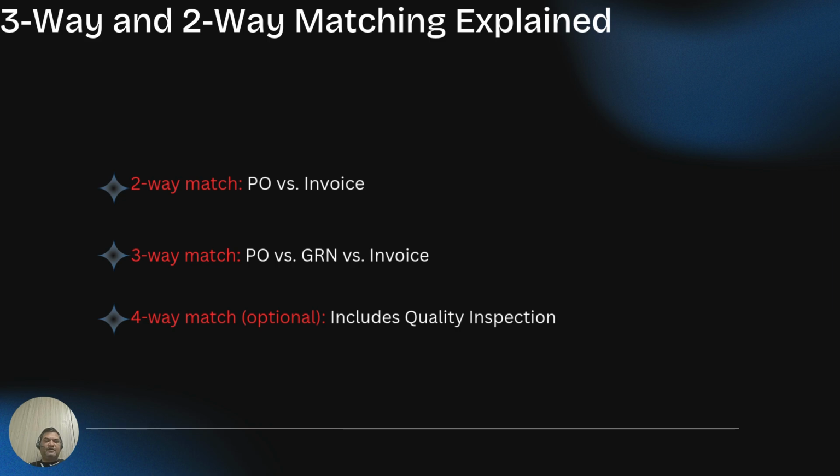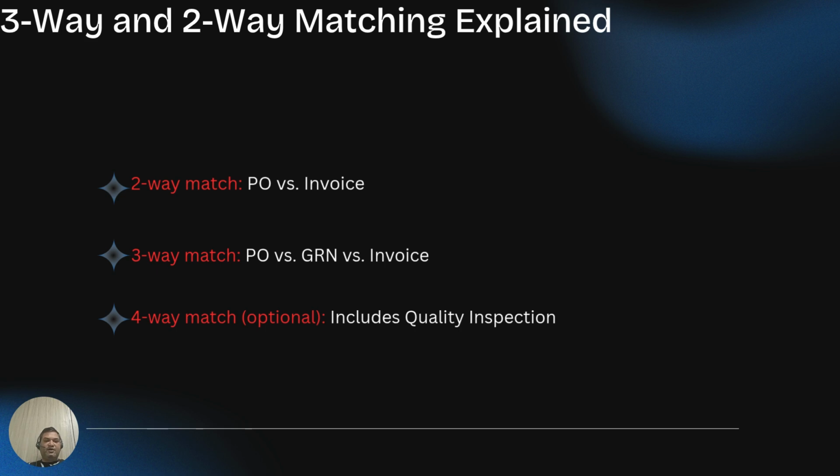So the way the invoice is processed, it is PO versus just the invoice. And the next is a three-way match process where the matching involves PO, the GRN, and the invoice, which means when the invoice is received, you look at the invoice, there should be a PO number mentioned on the invoice. And then the third step is you go and validate if there is a GRN made.